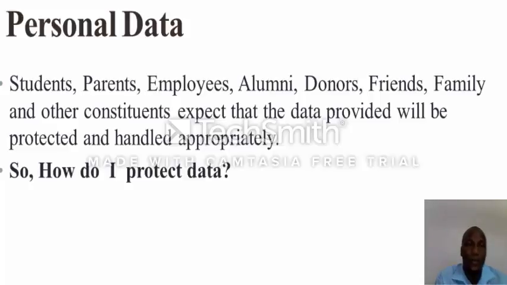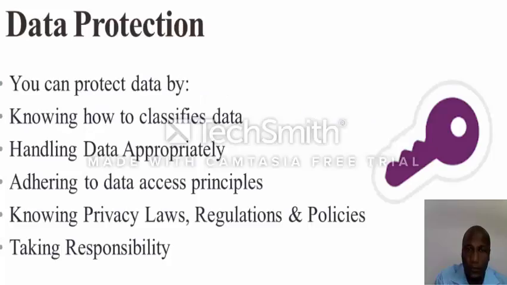So how do I protect data? You can protect data by knowing how to classify data, handling data appropriately, adhering to data access principles, knowing privacy laws, regulations and policies, and taking responsibility.